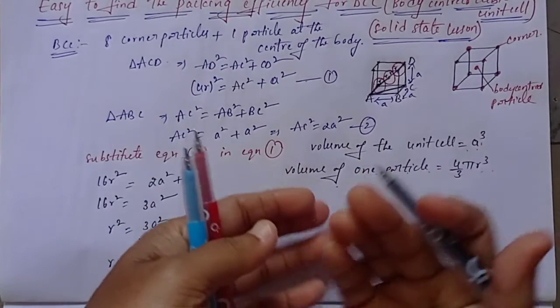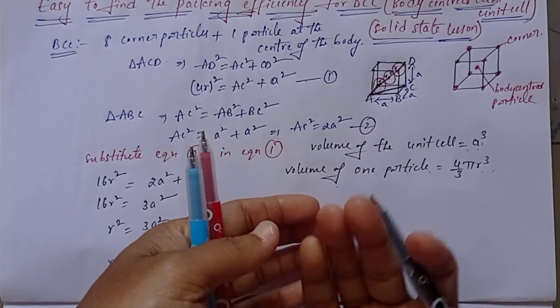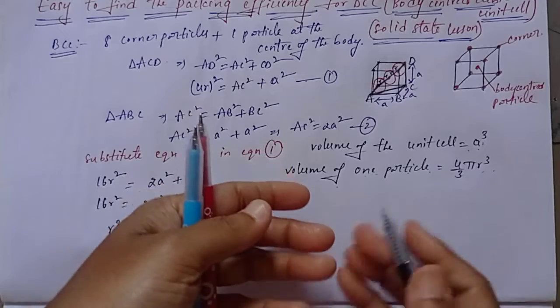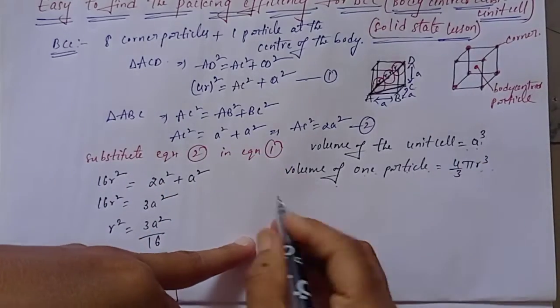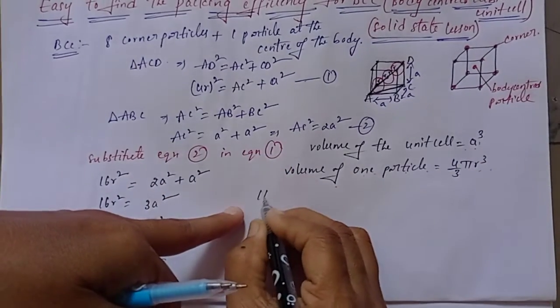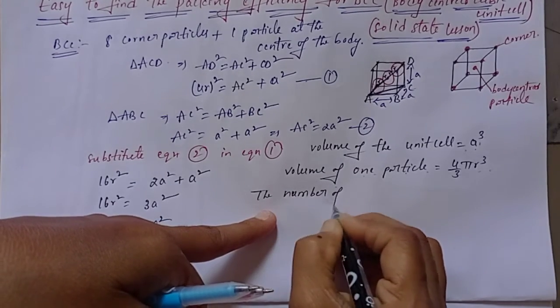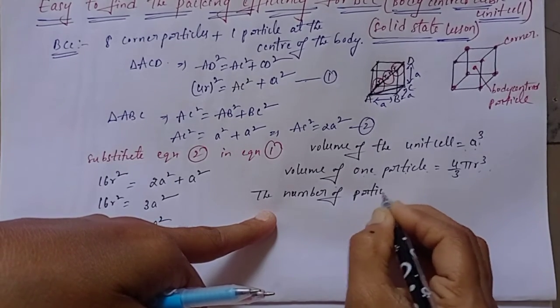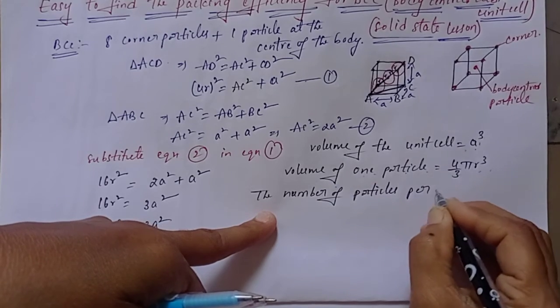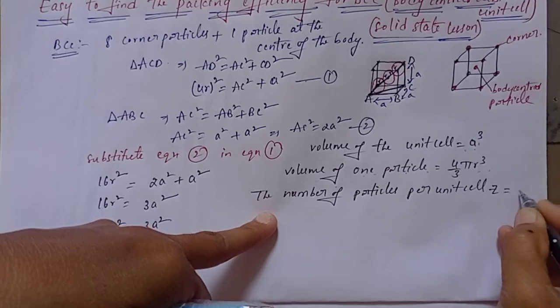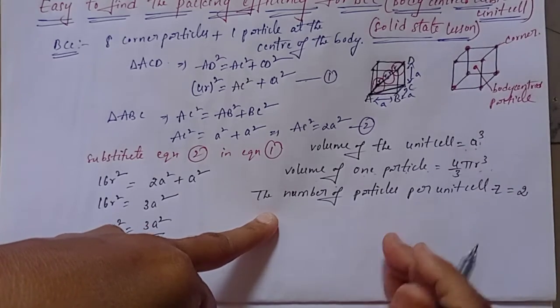So the total number of particles present in the BCC, the number of particles per unit cell. Now how many particles are there, students? We have to find the Z value. The number of particles per unit cell, Z value, is equal to 2 for BCC.